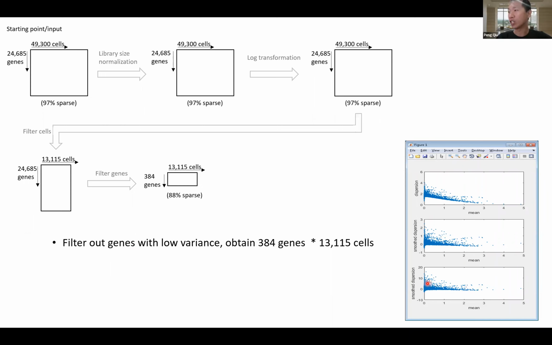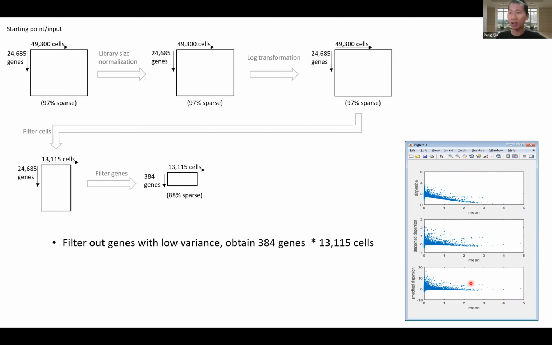And they want to identify genes above a certain line here, this line, okay? So all these genes, okay? These genes are ones that have larger dispersion compared to other genes with similar expression level. And those genes, because they vary more than the other genes, are considered as highly variable genes. And these highly variable genes are likely to contain more information about various cell types in the data.